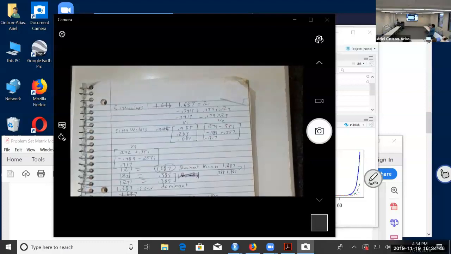So I determined that this first value was the dominant eigenvalue because if you put it on the numerator and then take the sum of the other eigenvalues on the bottom, you see that it's greater than 1. I think that was the correct test to see which one was the dominant eigenvalue.